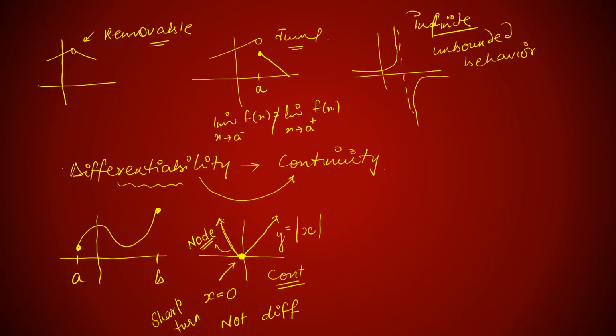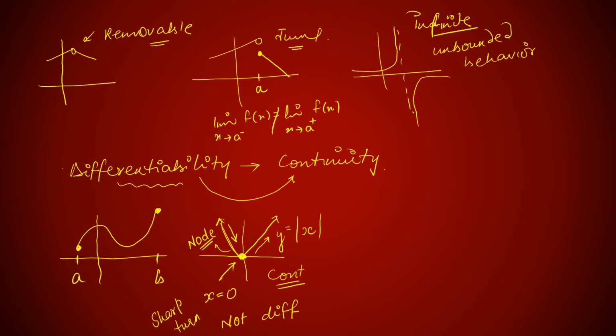To understand this, you can see that on the left the slope is negative, and on the right hand side the slope is positive. But at 0, you cannot determine the slope. That's why this is not differentiable.